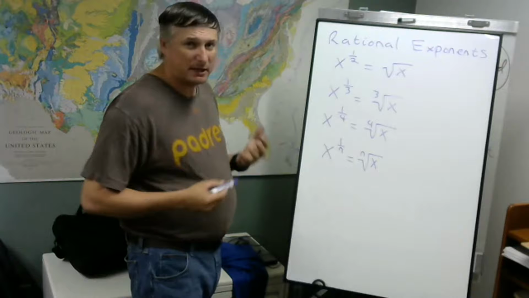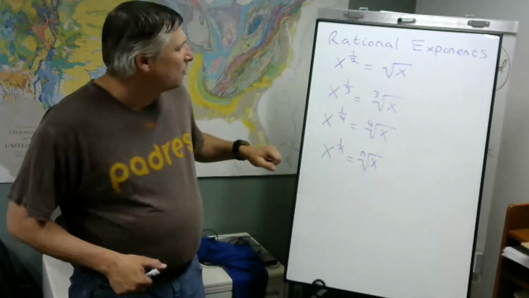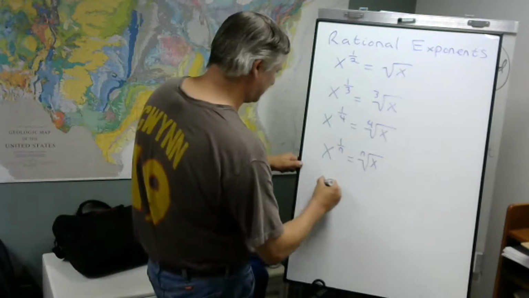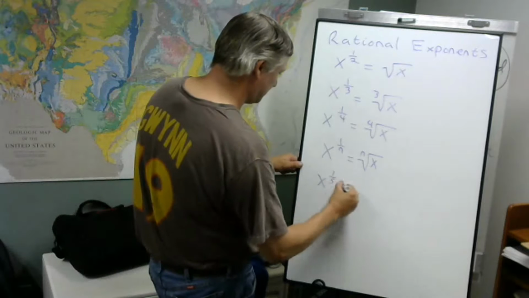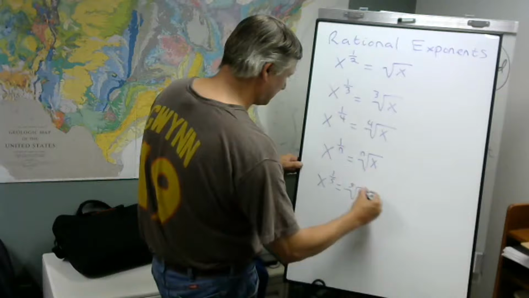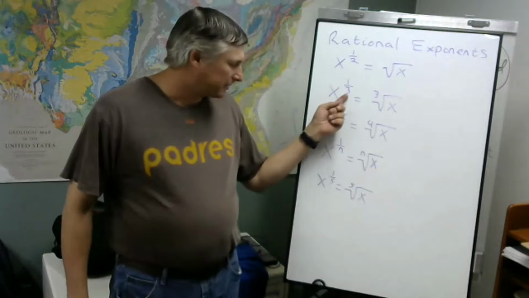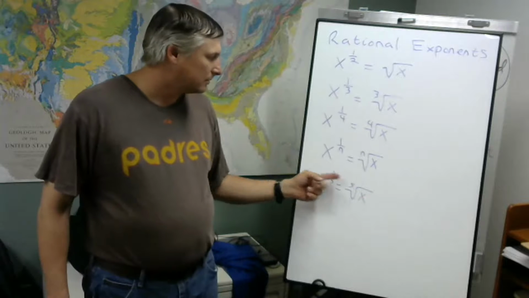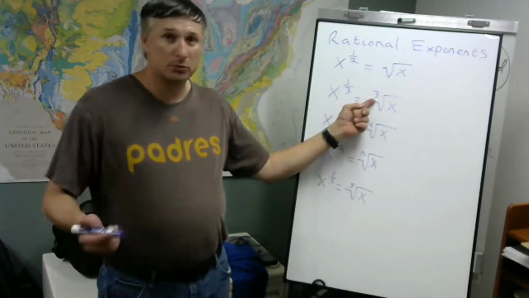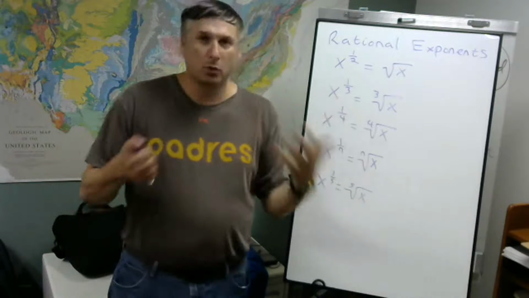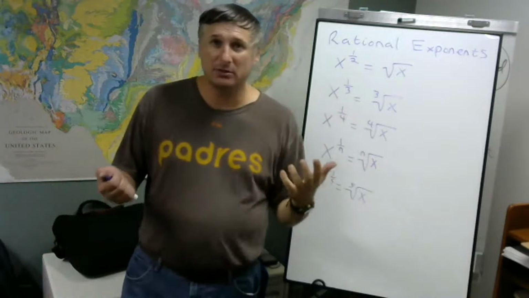So we want to be careful here. When the denominator has an odd number, we're taking an odd root. So that means we can work with, say, x being negative. That's going to be all right.